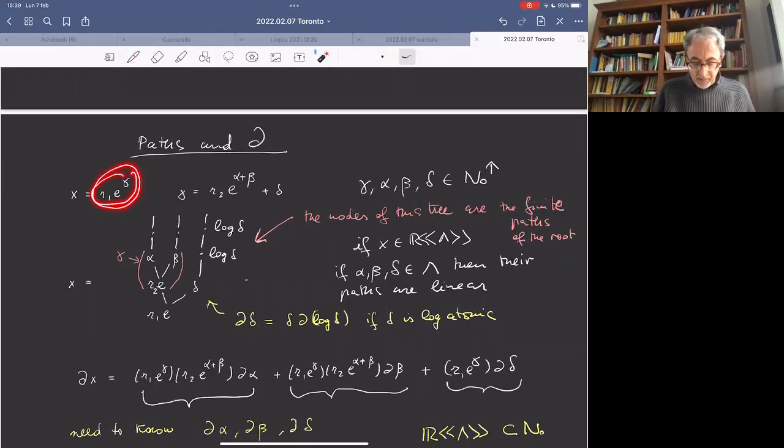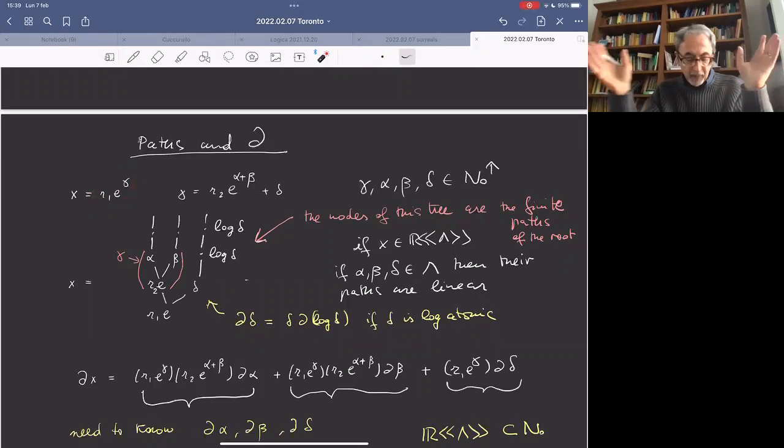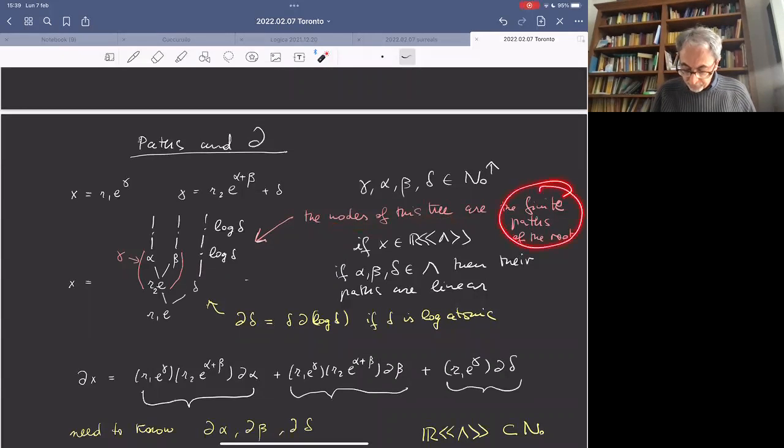If instead of a monomial you take a sum of monomials, which is a term... If instead of a term, you have a sum of things, a sum of monomials, then it's not a tree, it's going to be a forest. It doesn't have a unique root. But anyway, the nodes of this tree, or in general a forest, are the finite paths.